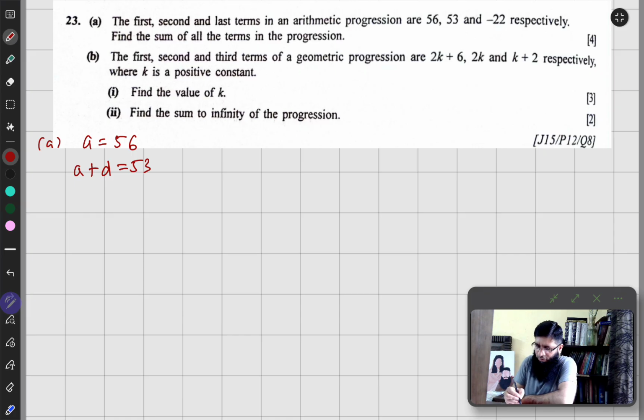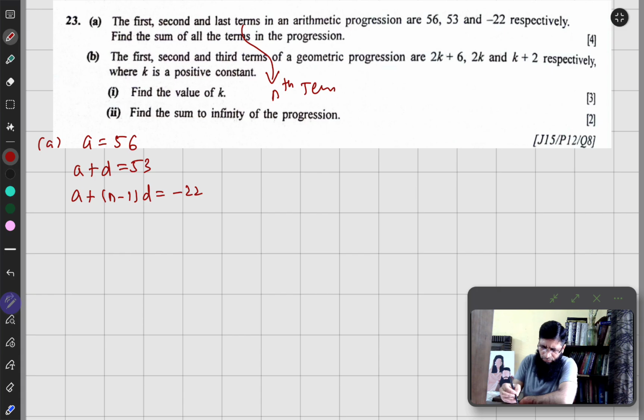And last term means nth term. You know that nth term of the arithmetic sequence is basically A plus (n minus 1) times D. It is equal to negative 22, and you are supposed to find the sum of all the terms in the progression.